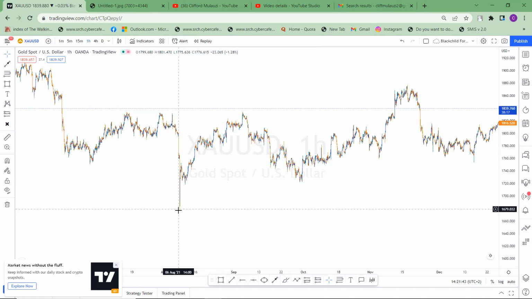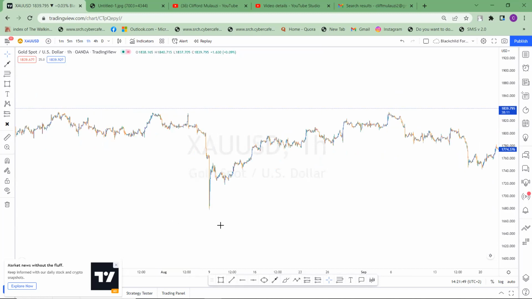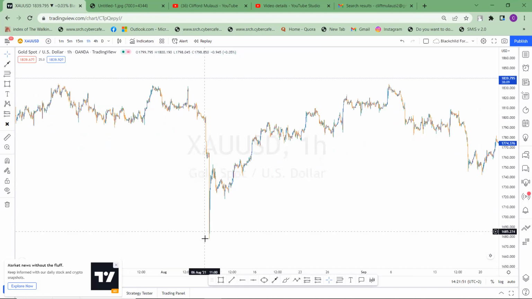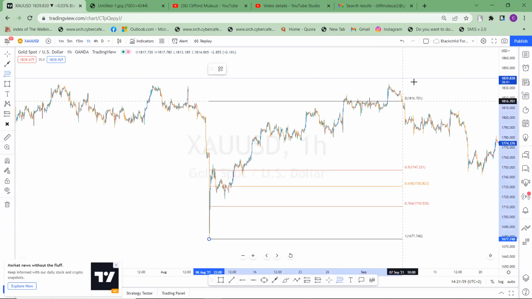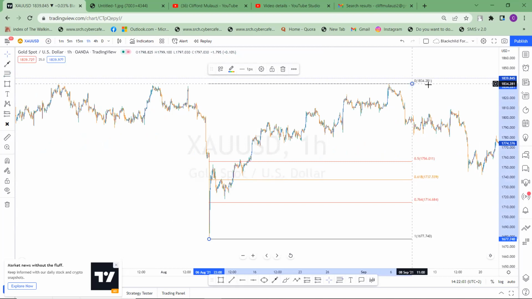So in this case, I'll take my Fibonacci here, and I'll put it from the lowest price to the highest price, like that.